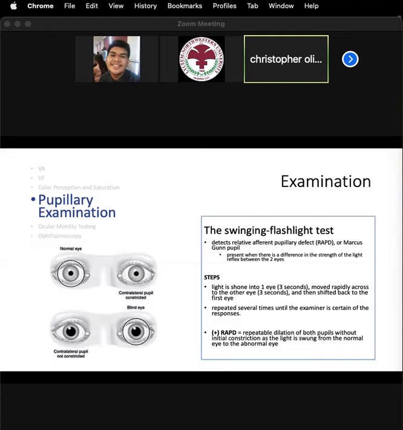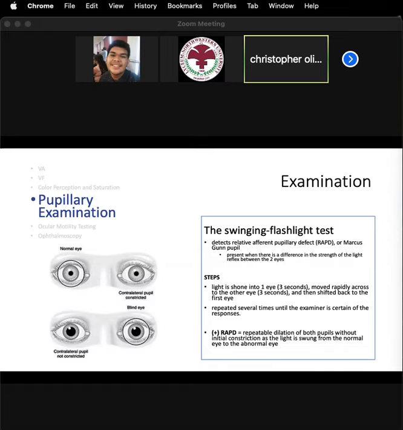The swinging flashlight test detects RAPD, or the Marcus Gunn pupil, which is present when there is a difference in the strength of the light reflex. In the swinging flashlight test, you shine a light on one eye for 3 seconds, move rapidly across to the other eye for 3 seconds, and then shift back.